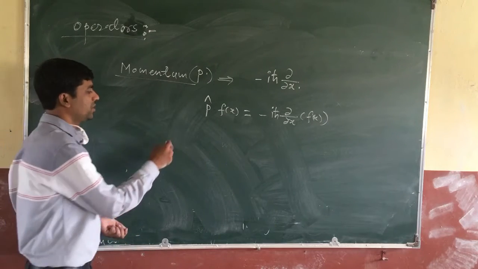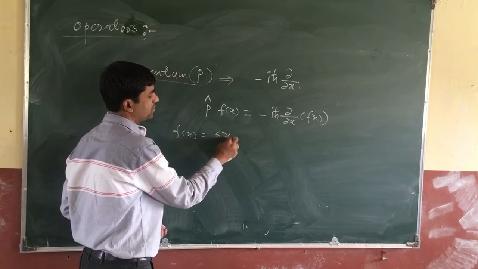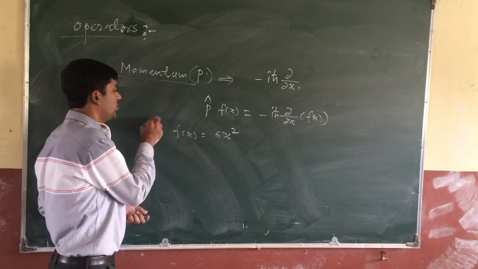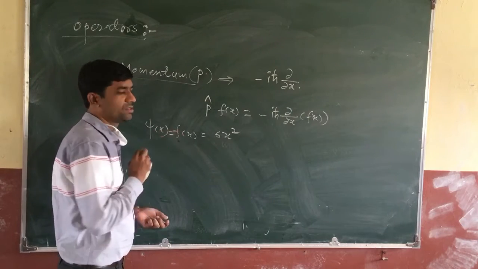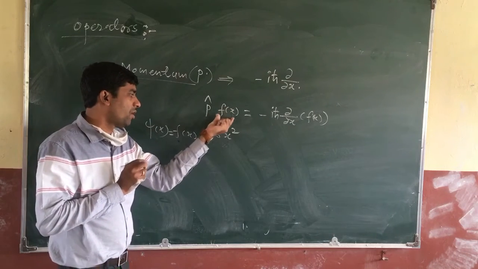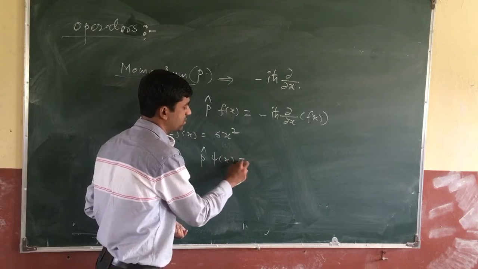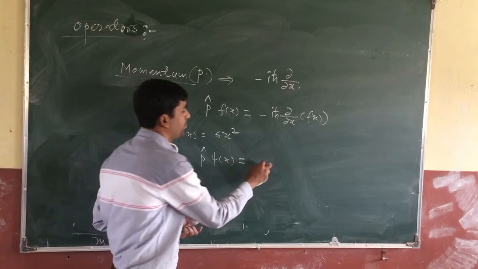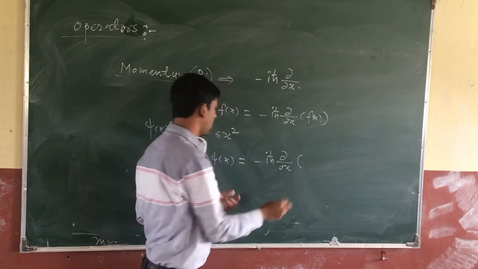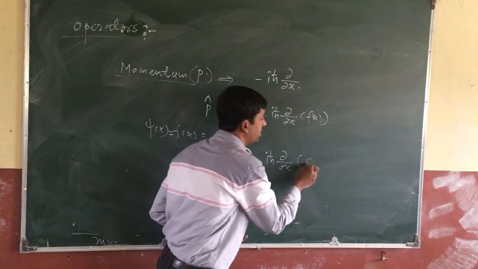Suppose f of x, that is psi of x, is equal to 6x square. On this 6x square we have to operate the momentum operator. So the momentum operator operated on psi of x is minus i h cross dou by dou x into psi of x, that is 6x square.